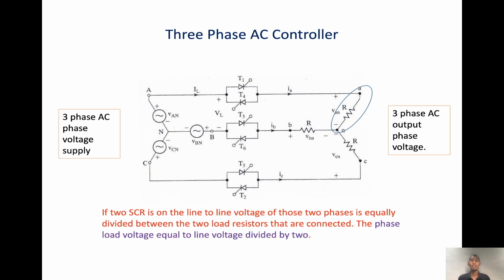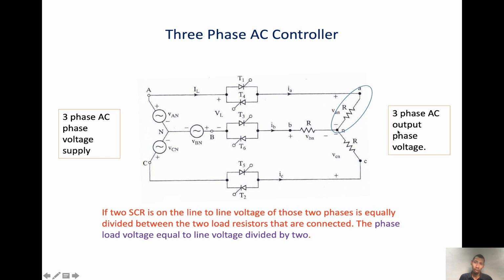For the second case, if 2 thyristors are on, for example T1 and T6, the phase load voltage is equal to the line voltage divided by 2.